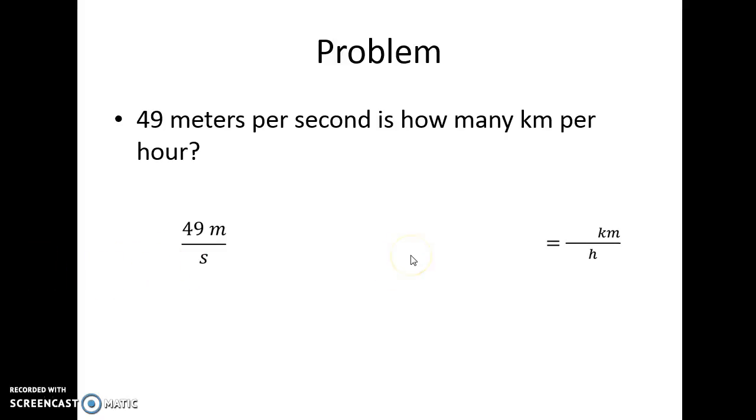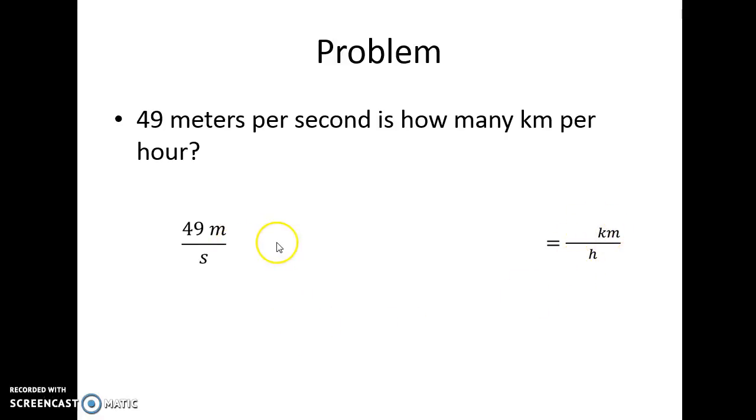Now, this is a good technique right here. If you know what you need to get to, you need to put those units over here, kilometer per hour. And so now you see that meter goes to kilometer and second goes to hour. And this gives you a goal to get to. It's a very good technique.